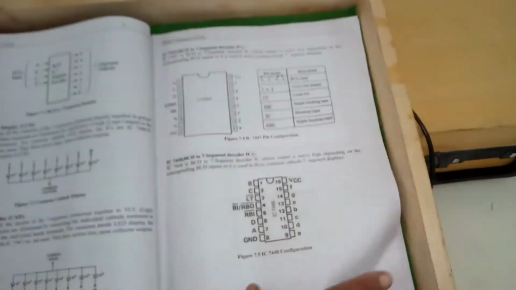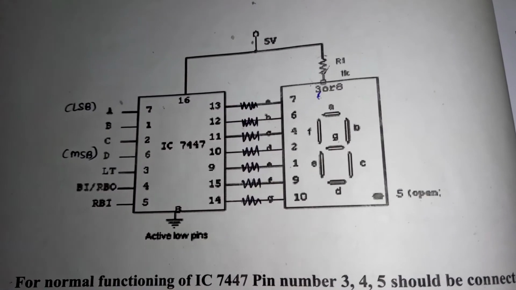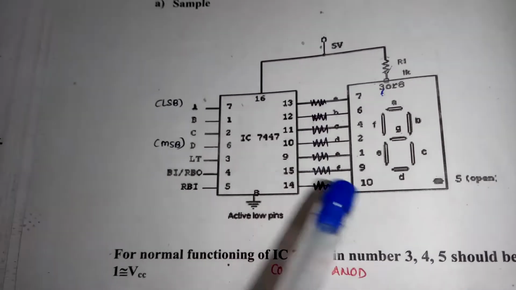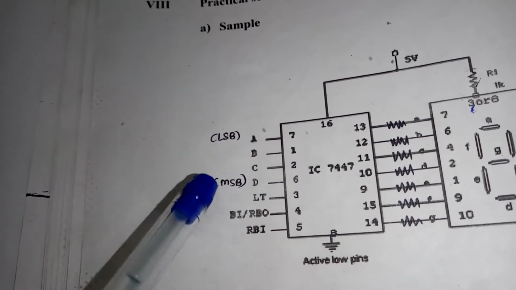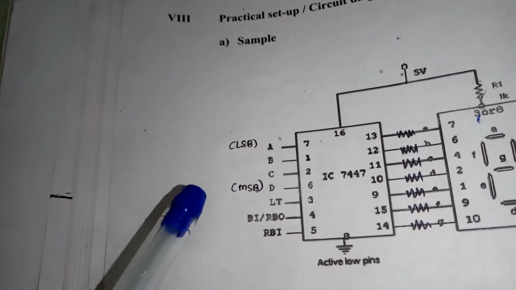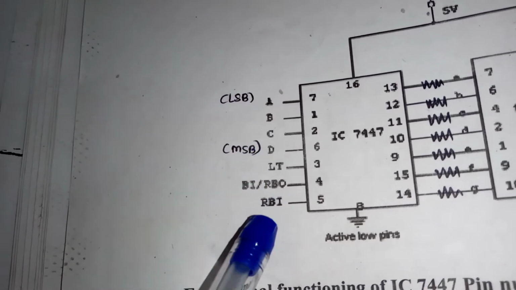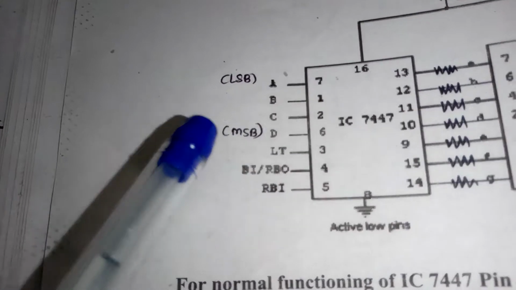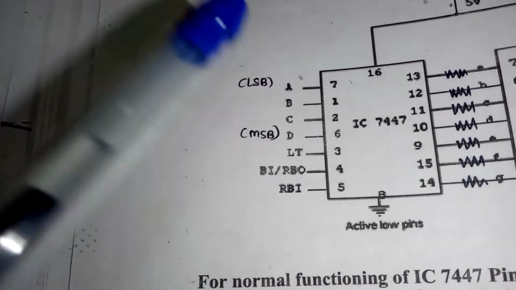Now this is the connection diagram, that is IC 7447 is connected to 7 segment display. Here you can see that A, B, C, D are 4 inputs, where A input is LSB and D input is MSB. The corresponding pin numbers you can see inside the box, that is A is connected to 7 and D is connected to 6. That means we have to apply the input to pin number 7, 1, 2 and 6.